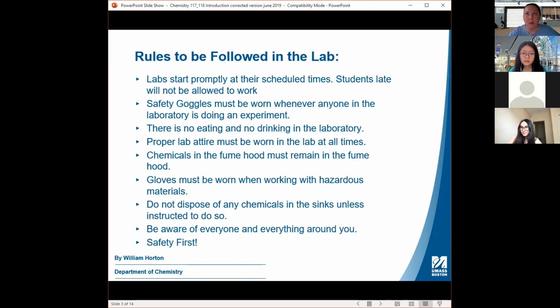On the same note, we don't like you to have phones or anything in the lab, because if you are using your phone and chemicals at the same time, you're going to transfer chemicals onto your phone and outside of the lab.